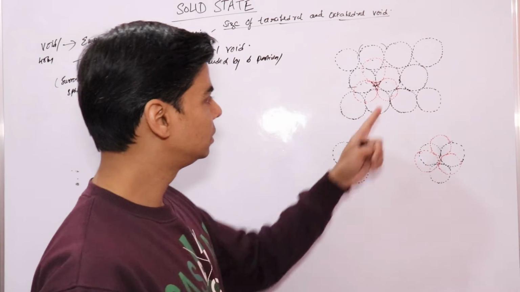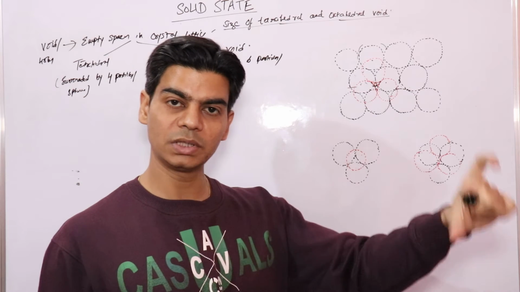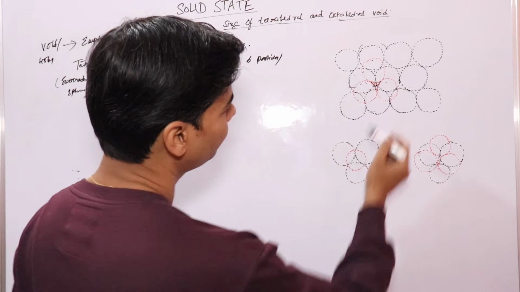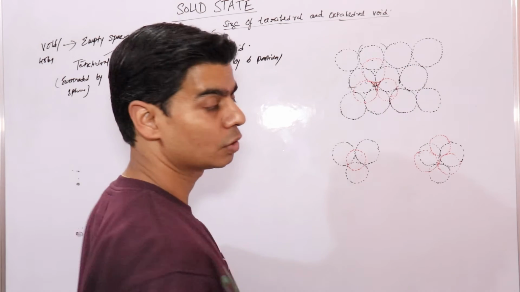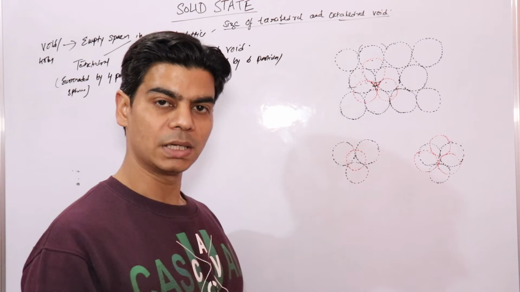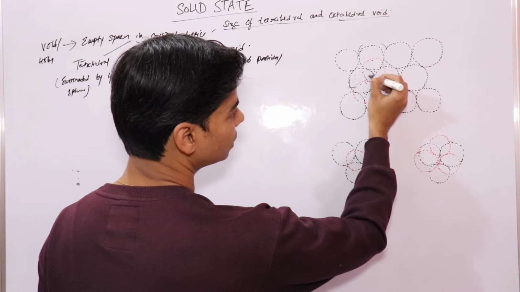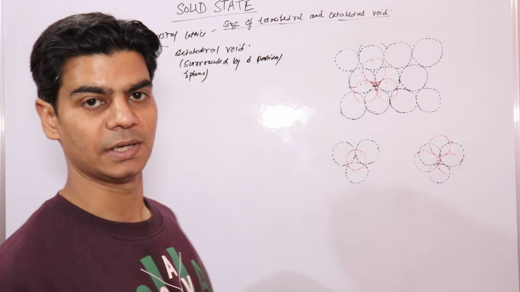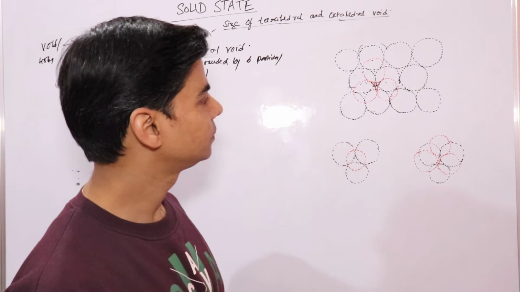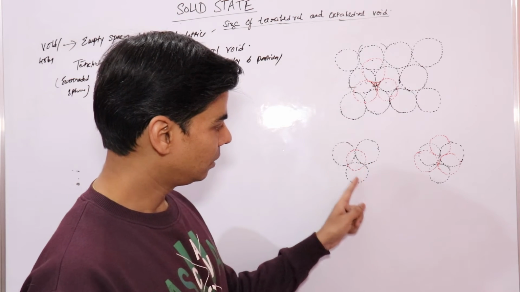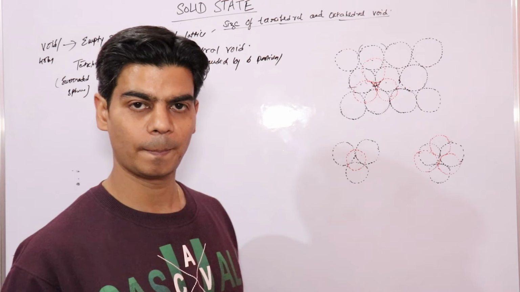If we put a sphere onto this void to build the second layer, this red sphere represents a particle in the second layer. So we put this sphere right onto this void in the first layer, and it will form this kind of structure: these 3 black spheres in the first layer and this red sphere on the void.